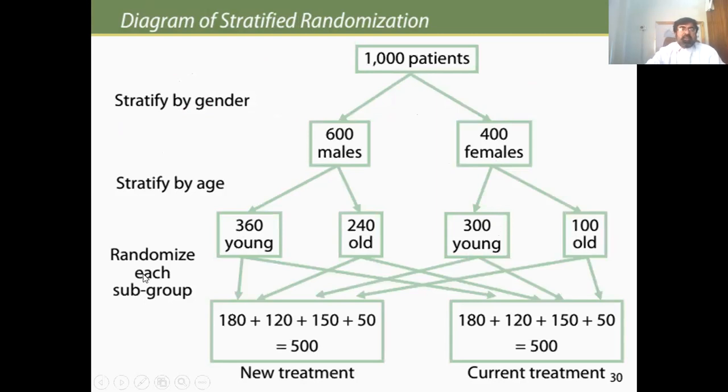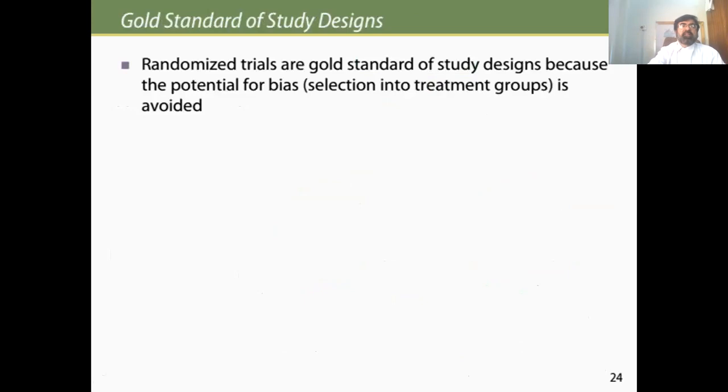Further, randomize each subgroup so that you can have a balance. For example, older females are brought into this group, and from here you take some of the people to the other group. So there shall be a balance between the two groups. Male and female combined together, young and old, and that will give you good results. Bias will be minimized in this way.